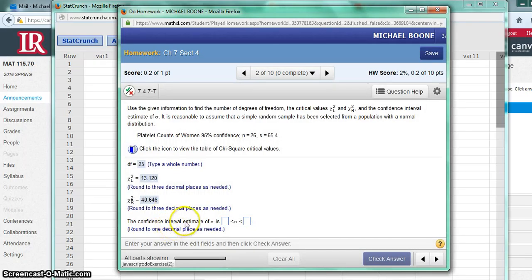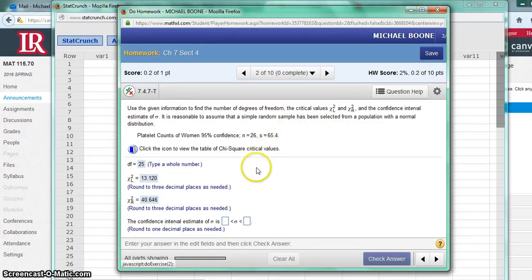So now we're going to figure out the confidence interval estimate of sigma. We know we have a 95% confidence, n equals 26, so our degrees of freedom is 25, and our sample standard deviation is 65.4.